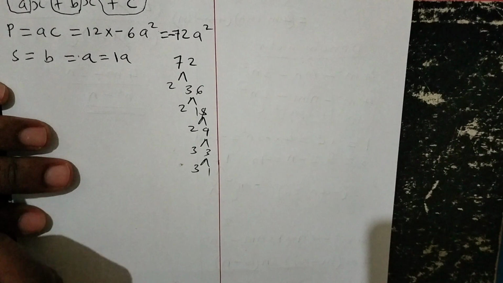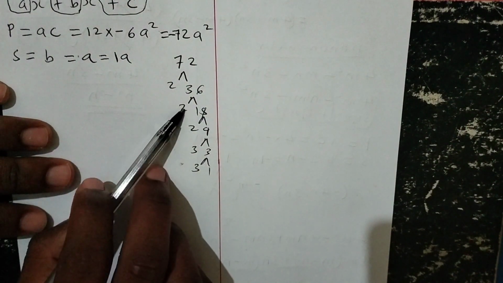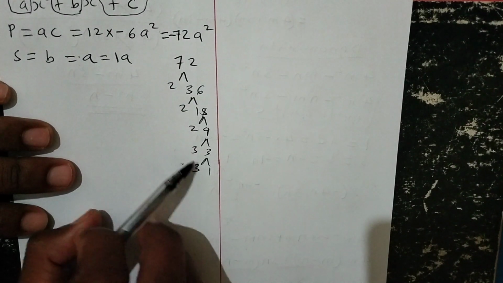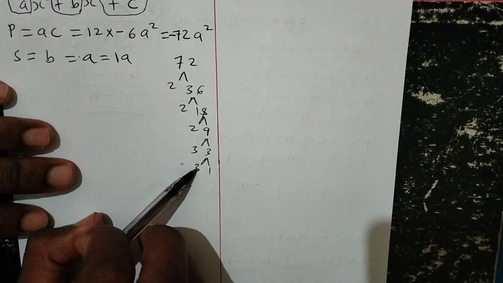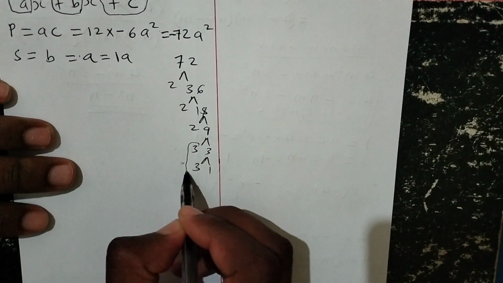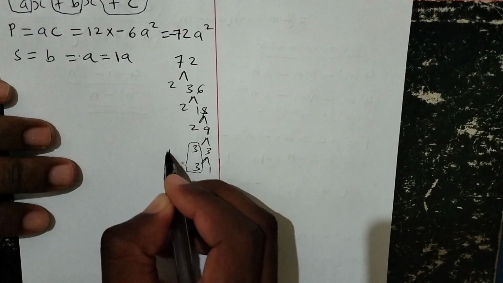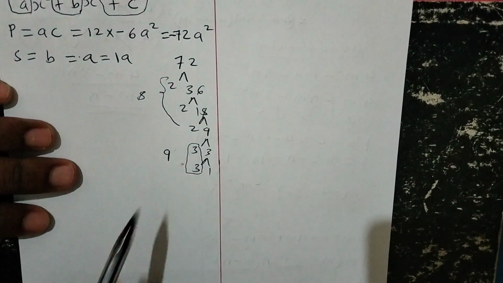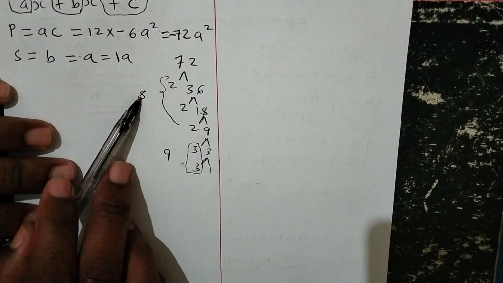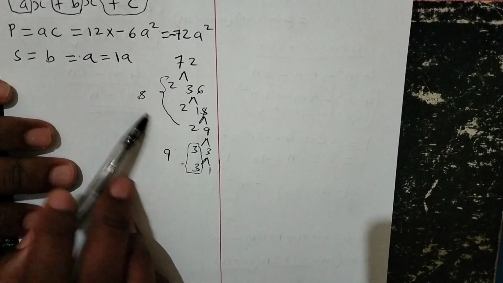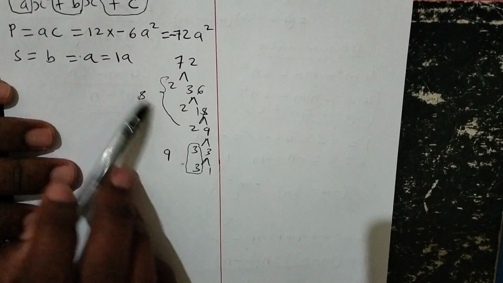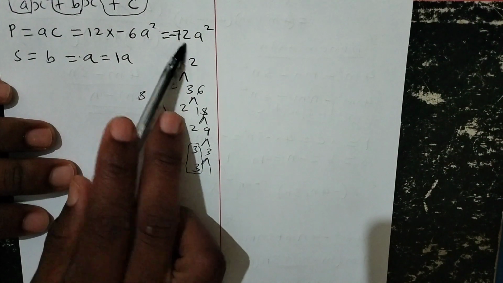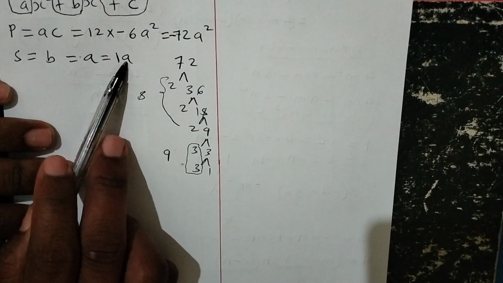So the only way that I can obtain that is if I pick 2 by 2, that is 4, by 2, this is 8. Then 3 by 3, that is 9. So I want to combine them: this is 9, then this gives me 8. You can see the difference between 8 and 9 will actually be 1. So those are the desired numbers. If you take 8 times 9, you get 72. But the addition is positive.